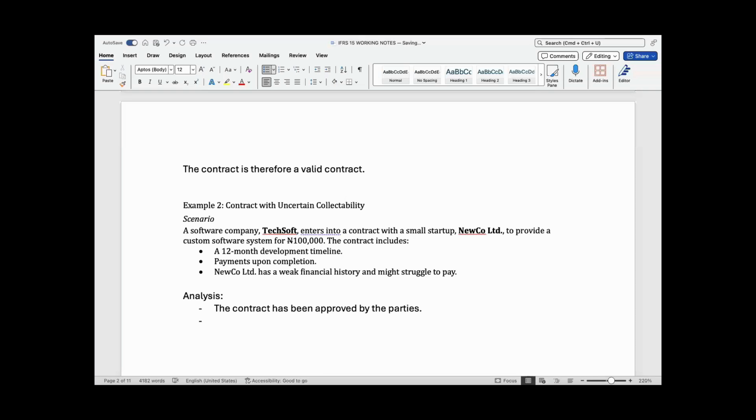Number two, the parties' rights in the contract are specified, that is, to provide a custom software system.